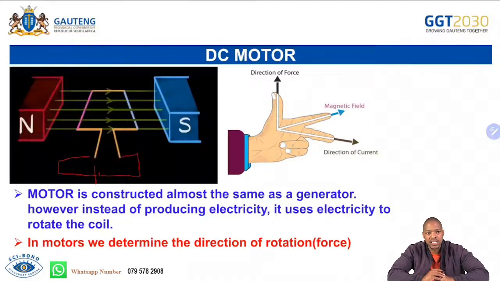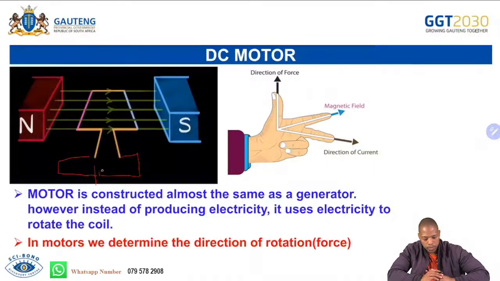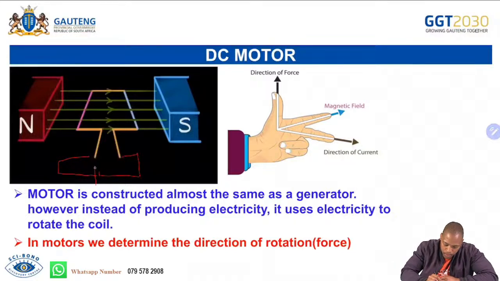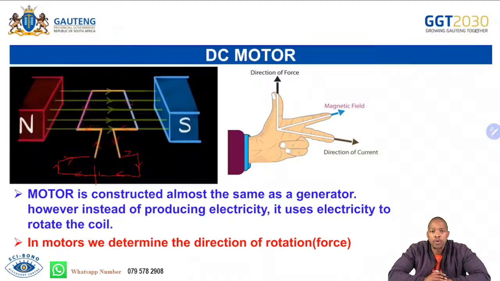So I'll put in that cell over there, where this is going to be the positive terminal and this is going to be the negative terminal. If this is the positive terminal, that already tells me the direction of current. Already I know the current moves in this direction in this motor of mine, because the conventional current moves from the positive terminal to the negative terminal.